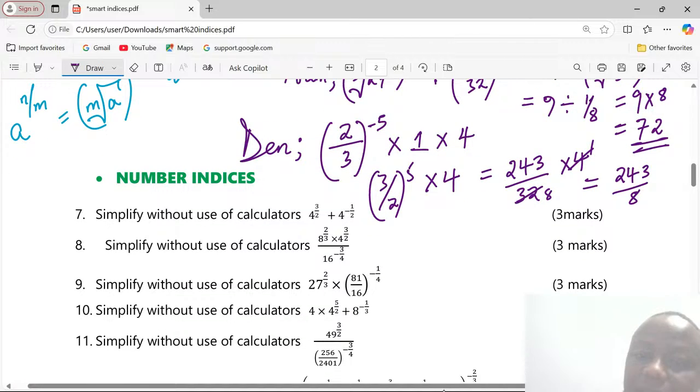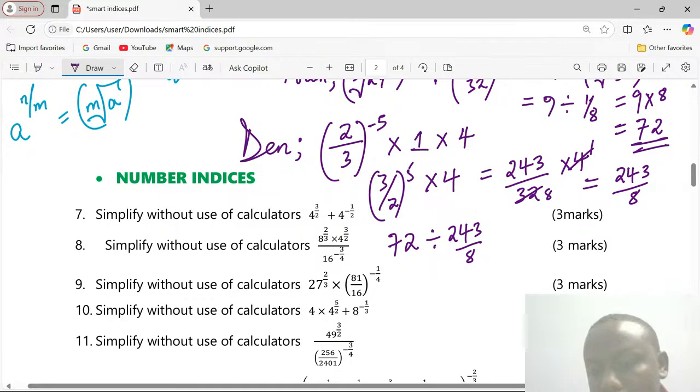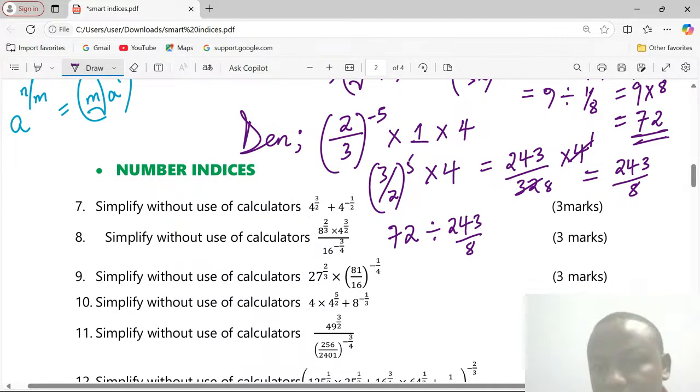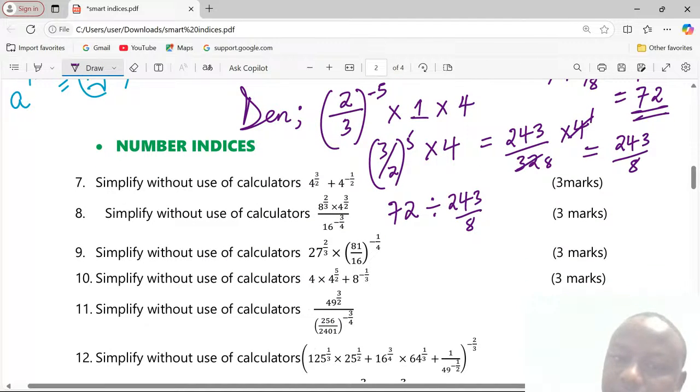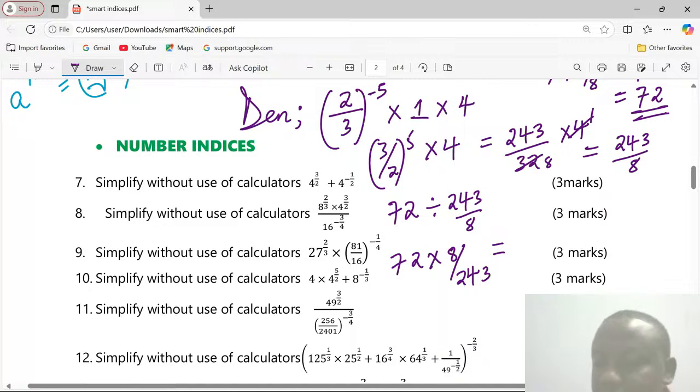Now we can combine 72 from the numerator divided by 243 out of 8. Yeah, 243 over 8, which means 72 multiplied by 8 out of 243. This is going to give us 72 by 8 divided by 243.